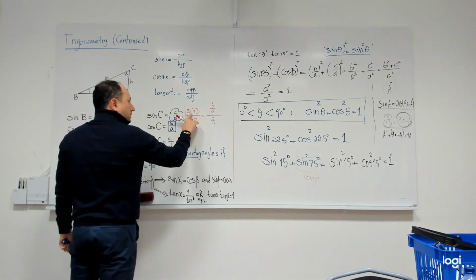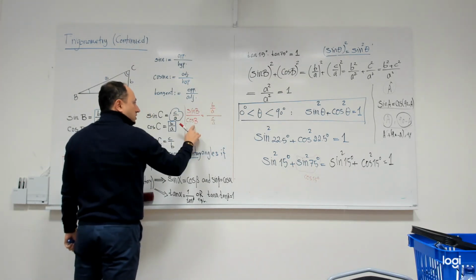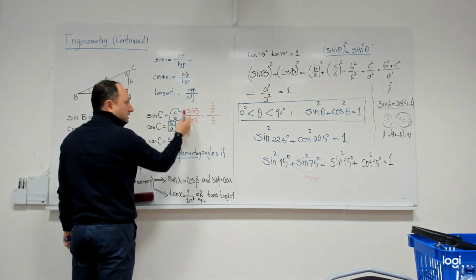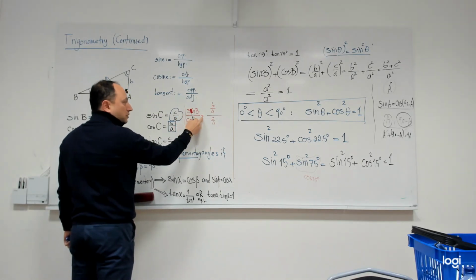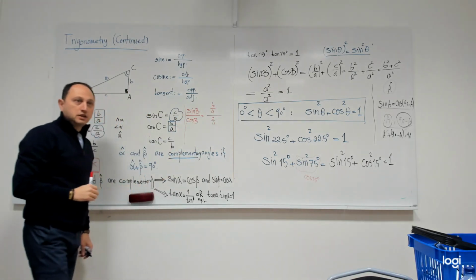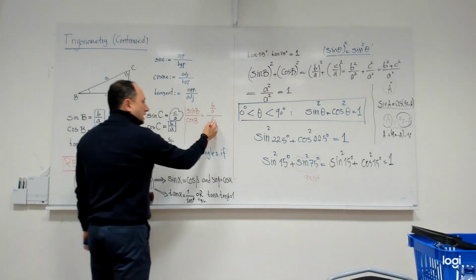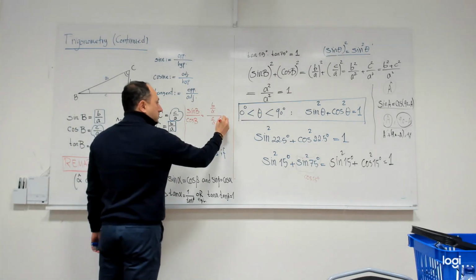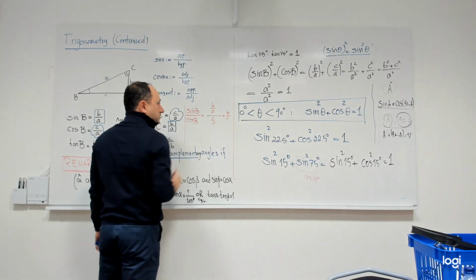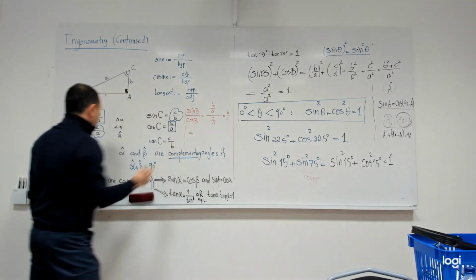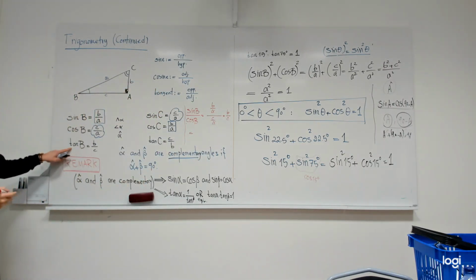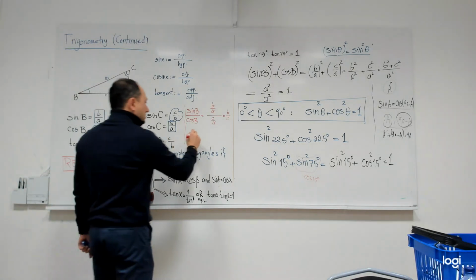Because sine of B is equal to that, cosine of B is equal to this. If I divide these two, this A and that A are cancelled, and what is left is B over C. But now look, another name for B over C is tangent of B. So this becomes tangent of B.